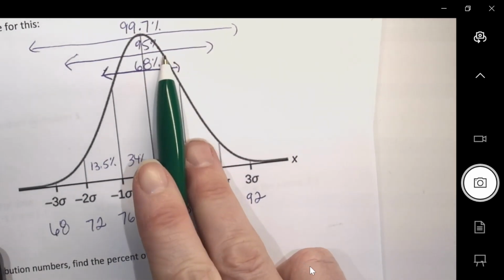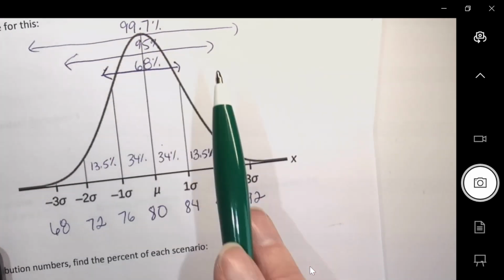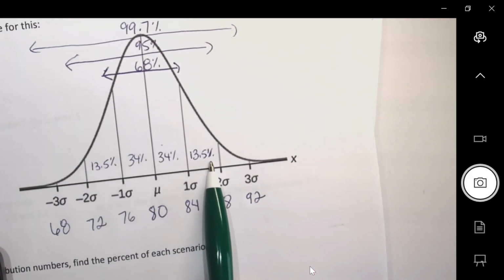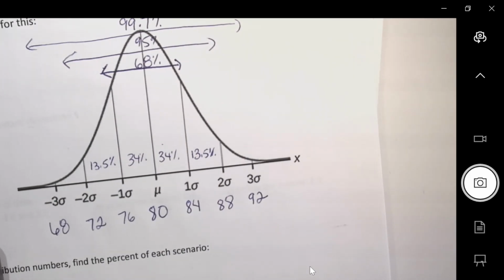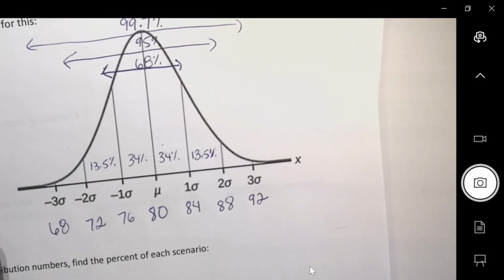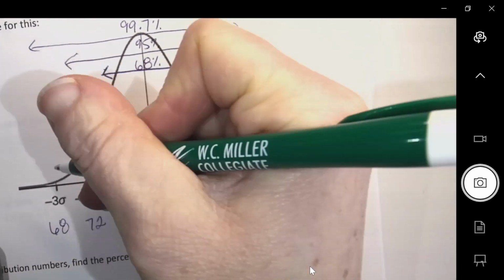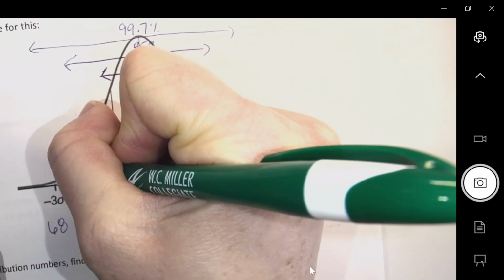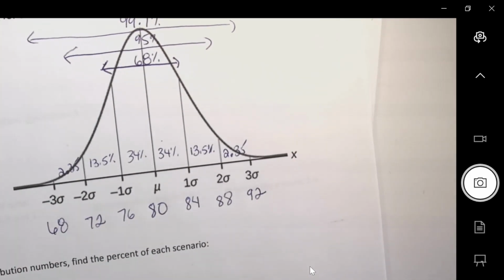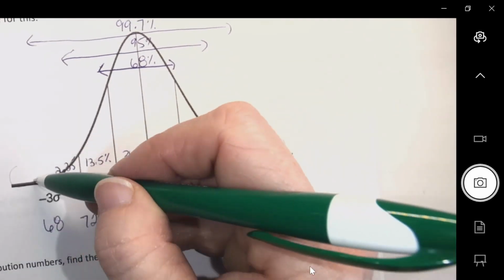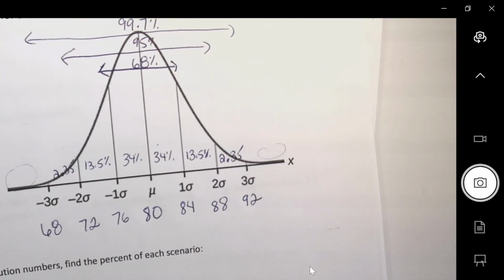Can you do the same thing? 99.7 divided by 2, and then minus that and that. So I got 2.35. And what is left on the outsides yet? There's a little bit of data left out there.